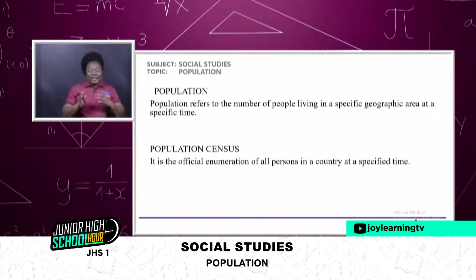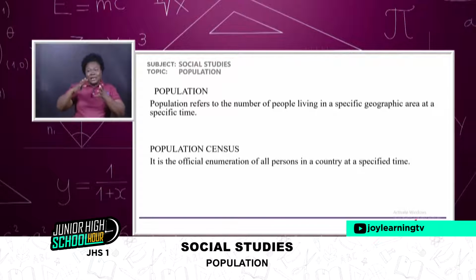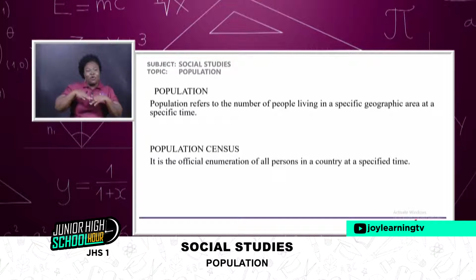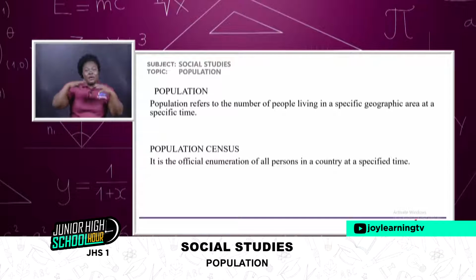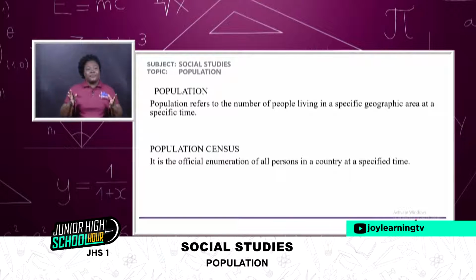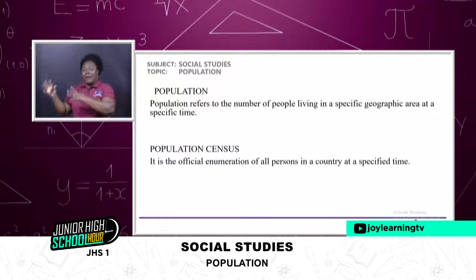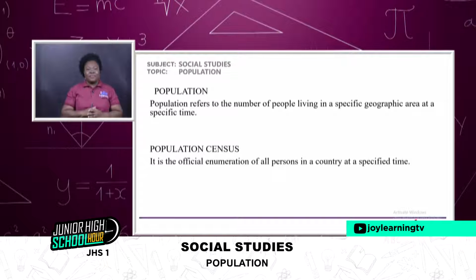So the difference here is that one is people living in that geographical area, maybe a group, an area, let's say Jamestown or Burma Camp or Edum in Kumasi or Ahwe in Ho or Takrady in the Western region.